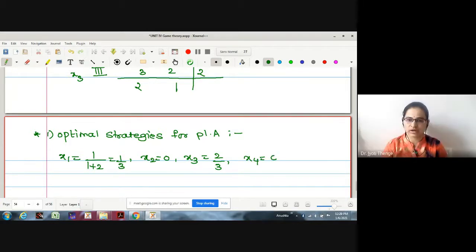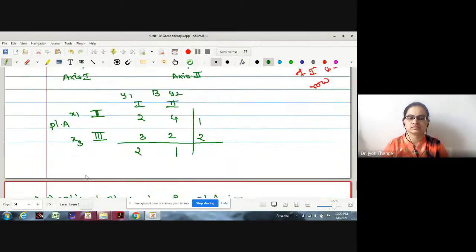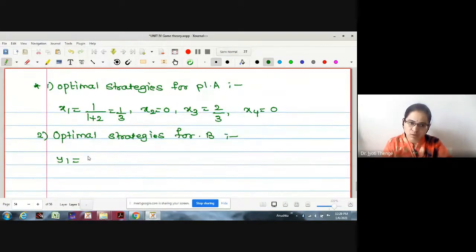0. Again 0. Let me write the optimal strategies for player B as well. What is y1? 2 by 3. y1 is 2 by 3, y2 is 1 by 3.